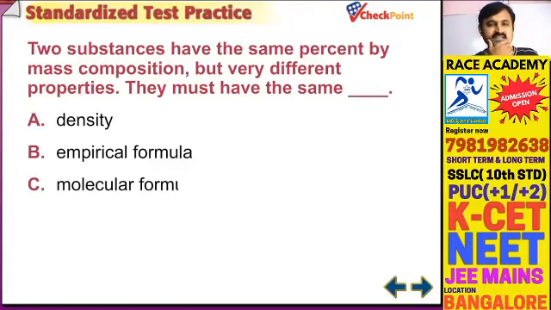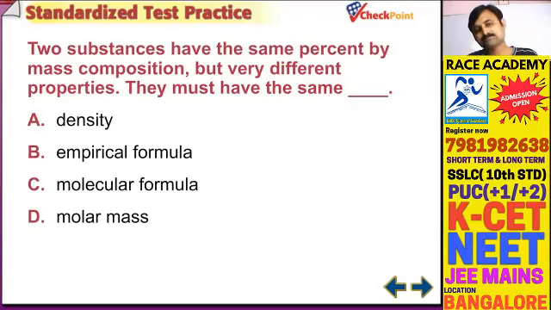Now, two substances have the same percentage by mass composition, but very different properties. They must have the same empirical formula. See here, substances are different, but they have the same percentage by mass composition.